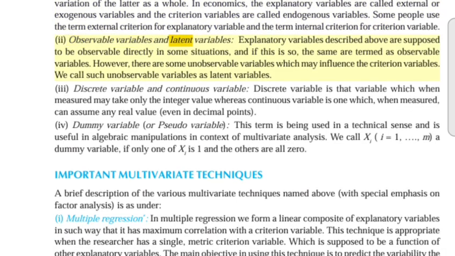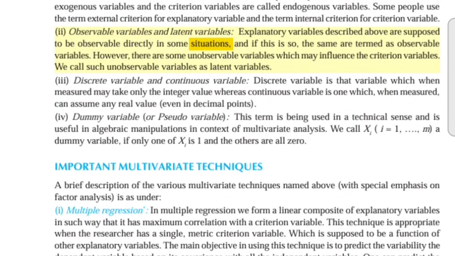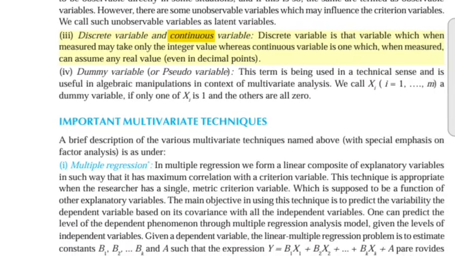Observable variables and latent variables. Explanatory variables described above are supposed to be observable directly in some situations, and if this is so, the same are termed as observable variables. However, there are some unobservable variables which may influence the criterion variables. We call such unobservable variables latent variables. Discrete variable and continuous variable.